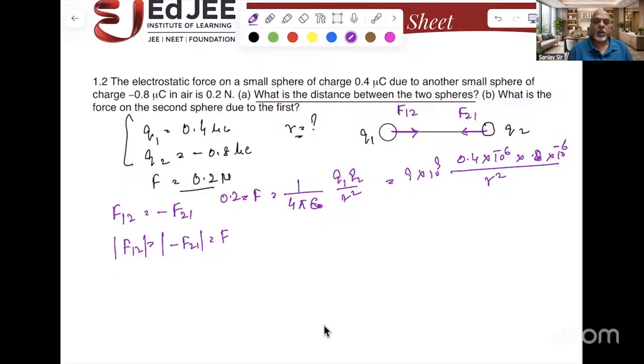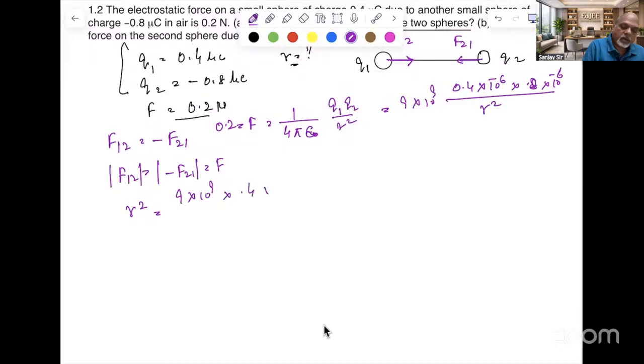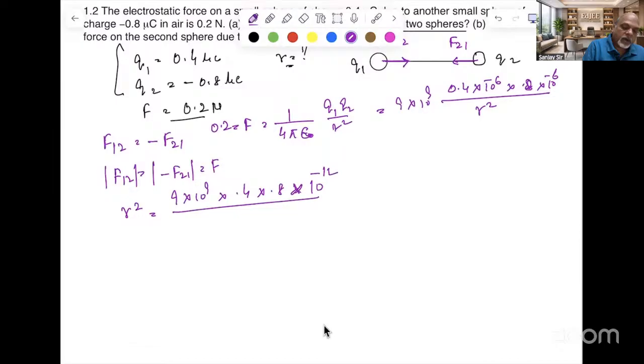So here, R square is nothing but 9 into 10 raised to 9 into 0.4 into 0.8 into 10 raised to -12 divided by 0.2.